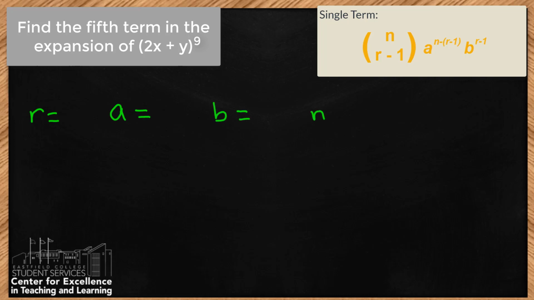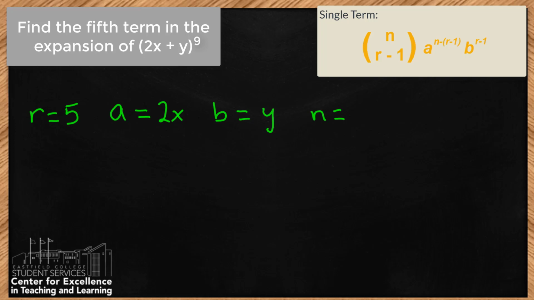And since our problem says find the fifth term, that immediately tells us r is 5. r is whatever term we're looking for. We're looking for the rth term of the expansion. And our problem says find the fifth term of (2x + y) to the ninth. So our a is the 2x, and our b is the y.